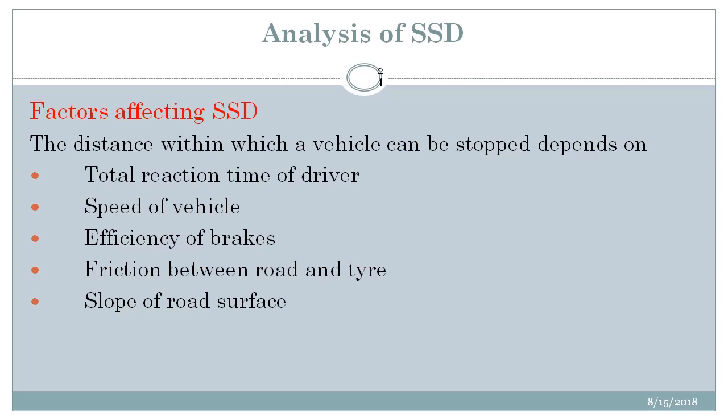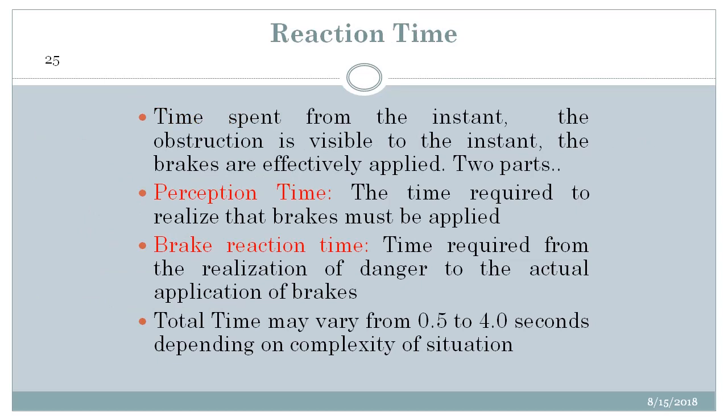The distance within which a vehicle can be stopped depends on total reaction time of driver, speed of vehicle, efficiency of brakes, friction between road and tire, slope of road surface. Reaction time is the time spent from the instant the obstruction is visible to the instant the brakes are effectively applied.